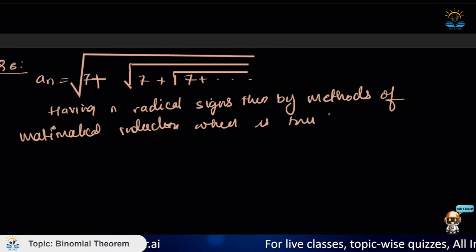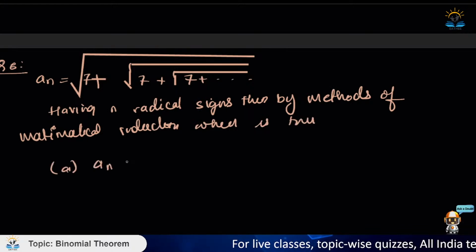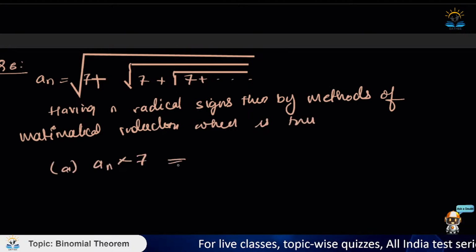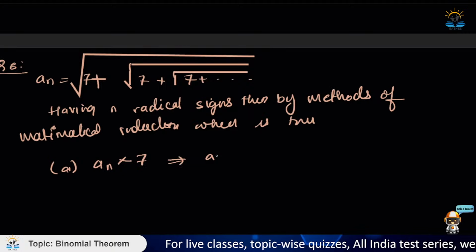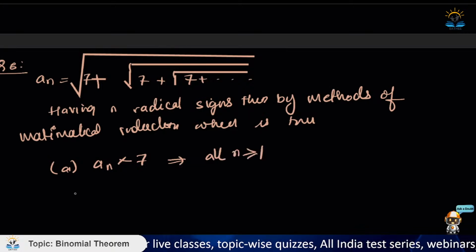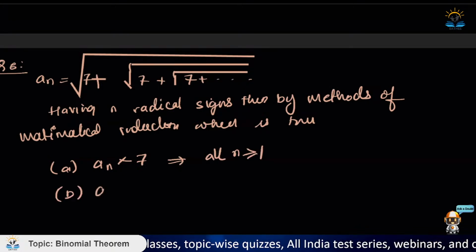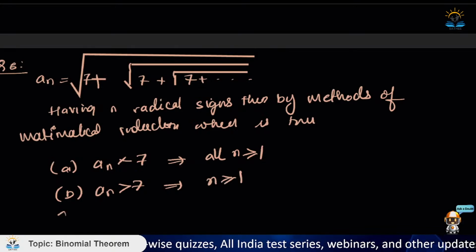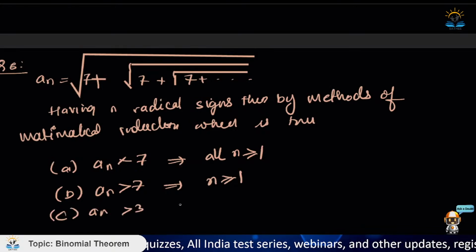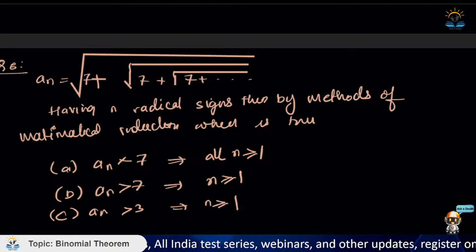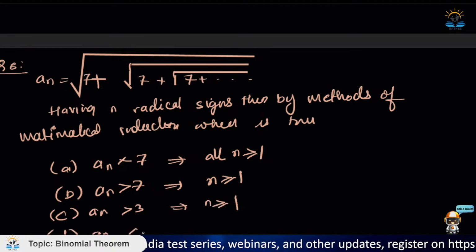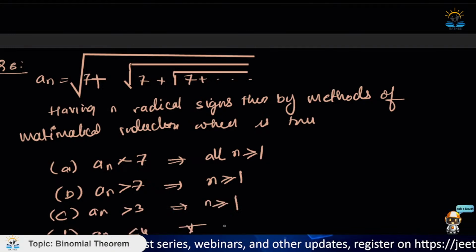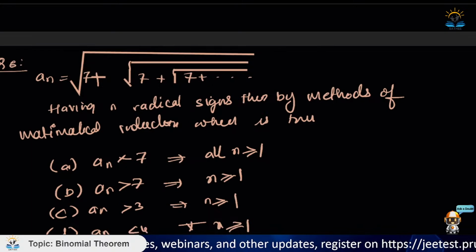Option a: an less than 7 for all n greater than or equal to 1. Option b: an greater than 7 for all n greater than or equal to 1. Option c: an greater than 3 for all n greater than or equal to 1. Option d: an less than 4 for all n greater than or equal to 1. So now we have the next one.